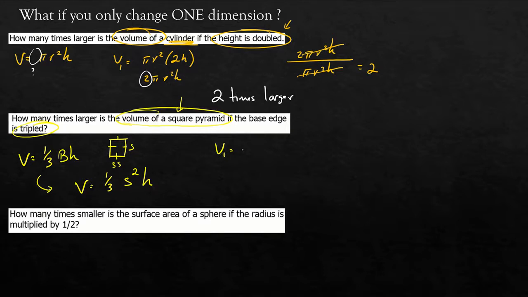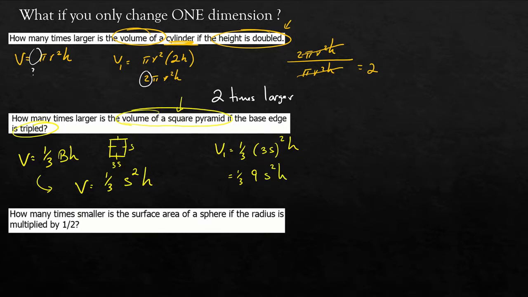And so here it would be 1/3 times 3 times the edge squared times height, right? Once again, we're going to simplify a little bit and go from there. So we're going to distribute the square, and that's going to give us 9 s squared times h.